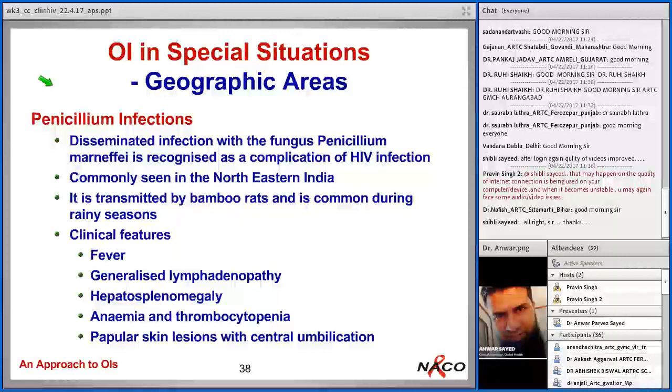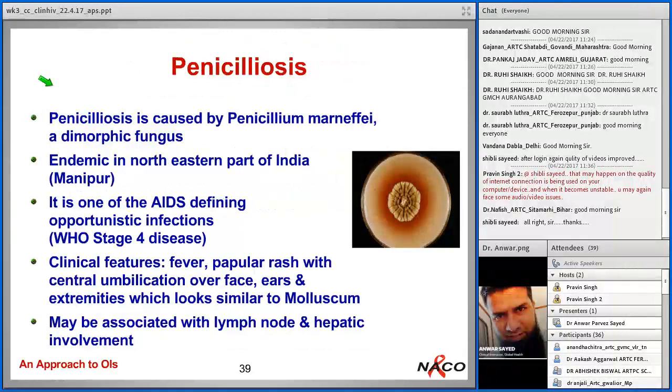Clinical features are fever, generalized lymphadenopathy, hepatosplenomegaly, anemia, papular skin lesions, etc. It is caused by a dimorphic fungus, that is Penicillium marneffei. It is one of the AIDS defining illnesses.